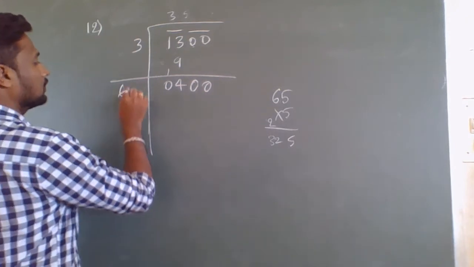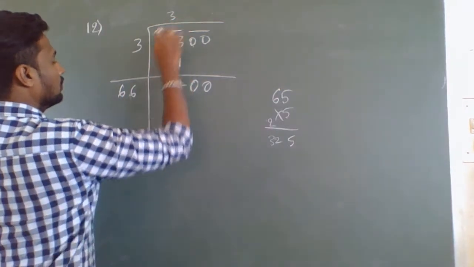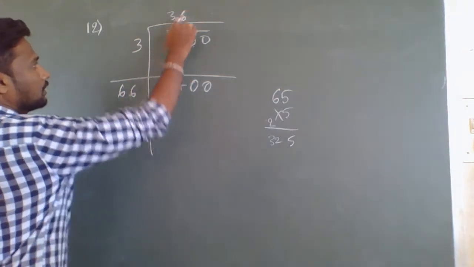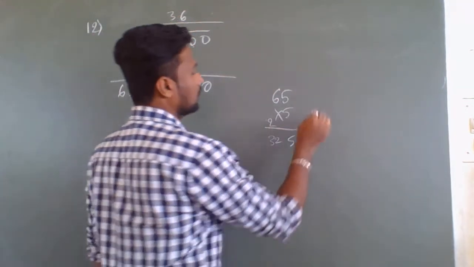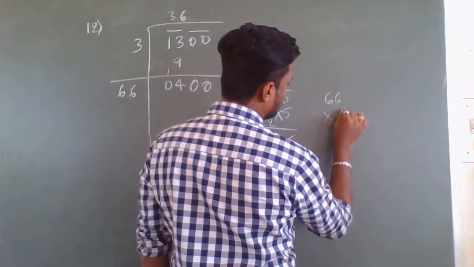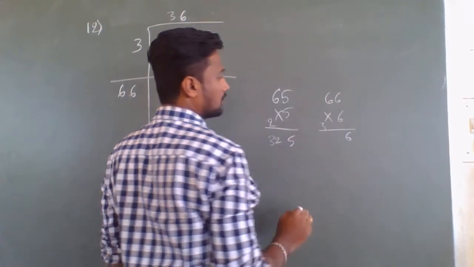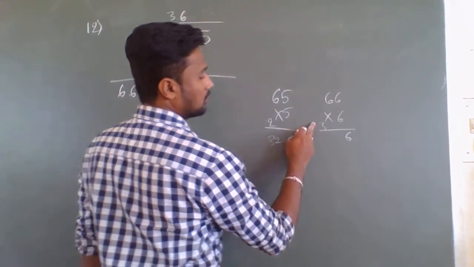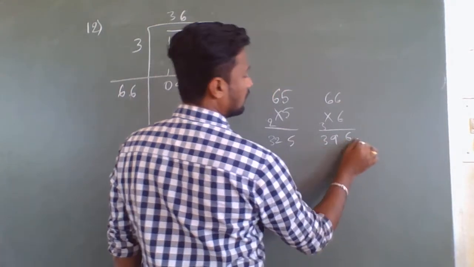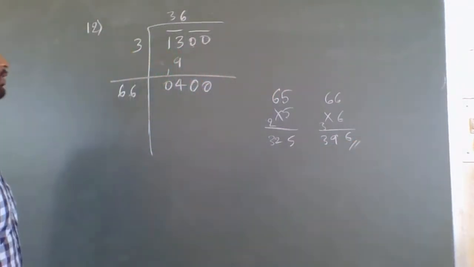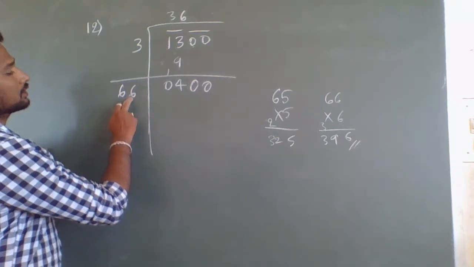So I will check with 66. Here I will consider 6 and there also I should consider 6 only. So 66 into 6: 6 into 6 is 36, 36 plus 3 is 39, so 396. So I will consider 6 here.